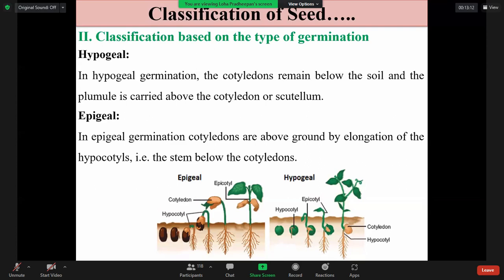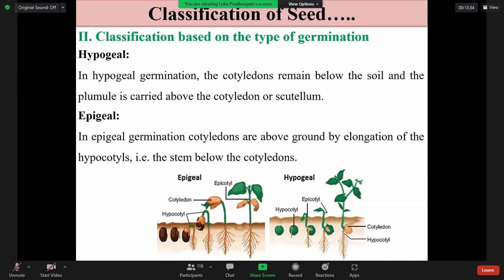Or if you plant paddy, only the leaf part can be seen, and the seed does not come out. So where the cotyledon comes out of the soil above the ground, that is epigeal germination.